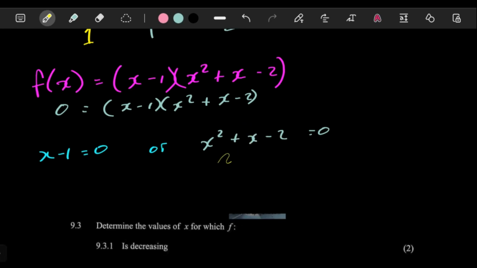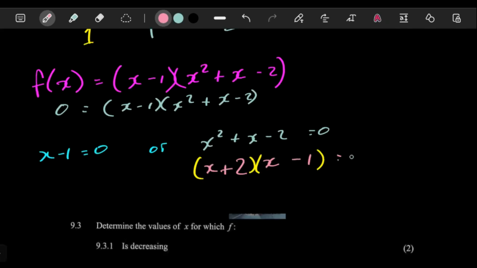But this one is not something we can necessarily factorize from the top of our heads. So 1 and 1 won't work. 2 and 1 can give us a 2. To get a plus 1 here, we say plus 2 minus 1.